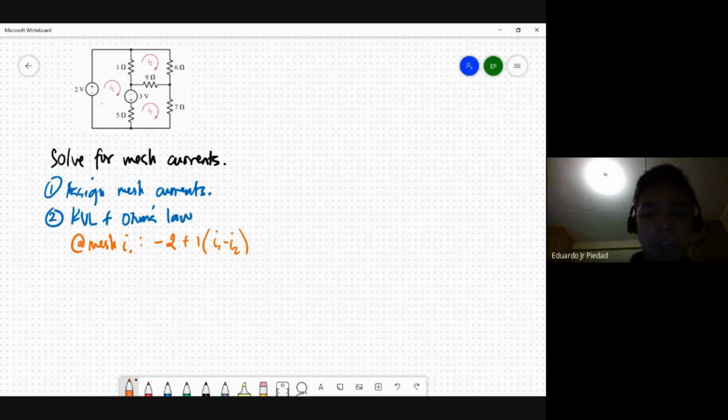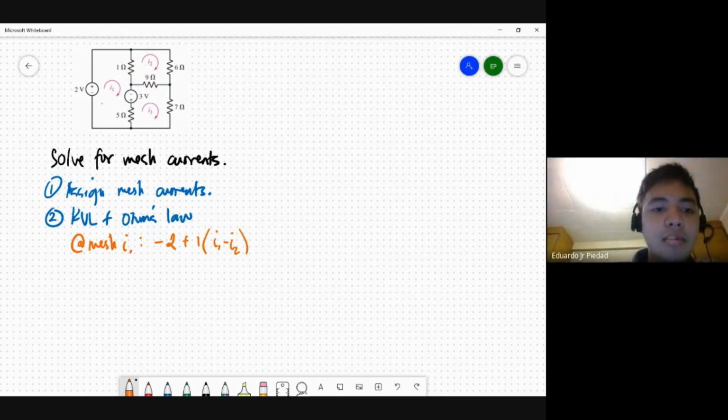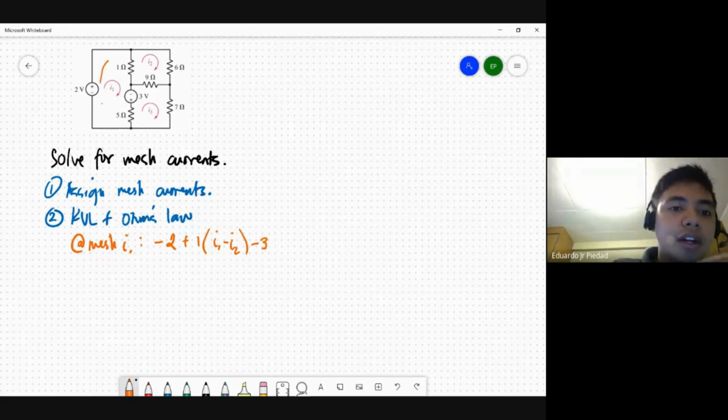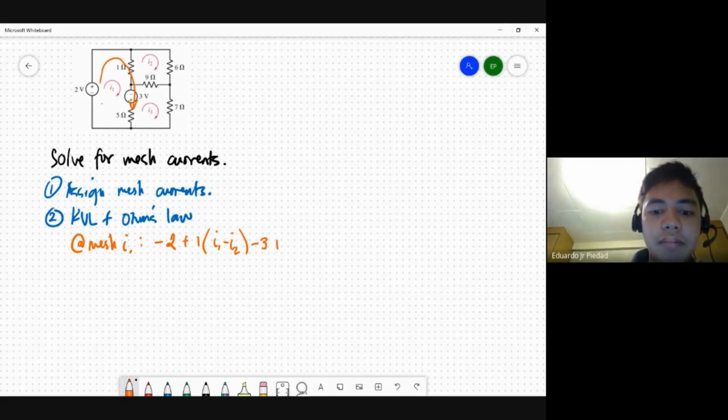Then minus 3 volts. The current enters this way already. Then plus 5 I1. There's also I3, which enters in the opposite direction of I1, so therefore this is negative I3, and this is equal to 0.